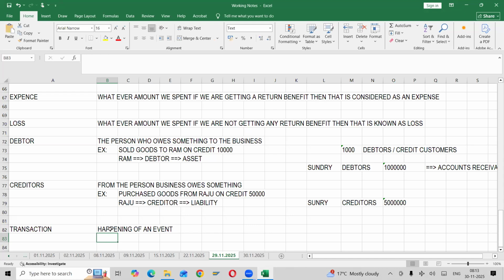But that event should have money or money's worth. As per accounting terminology, whatever happens, if it involves money or money's worth, commercially involved, then that is considered as a transaction.